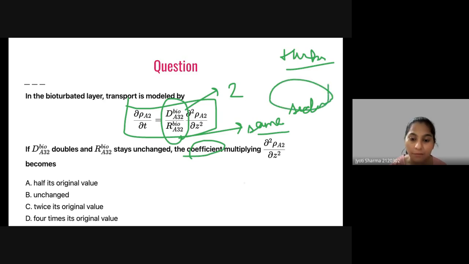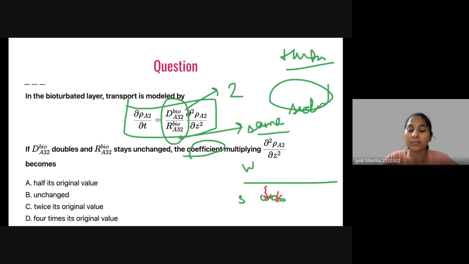So for example, if you have the sediment side layer here and you have the water side layer, and because you have a lot of solid particles, let me draw, if any worm comes, then this will create some space in the sediment side. And this space can enhance the diffusion.